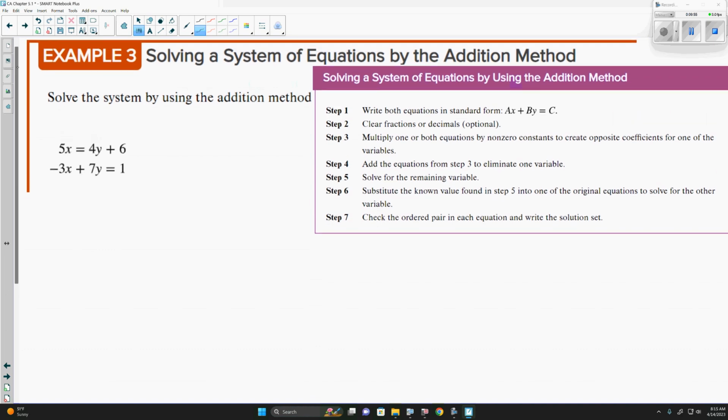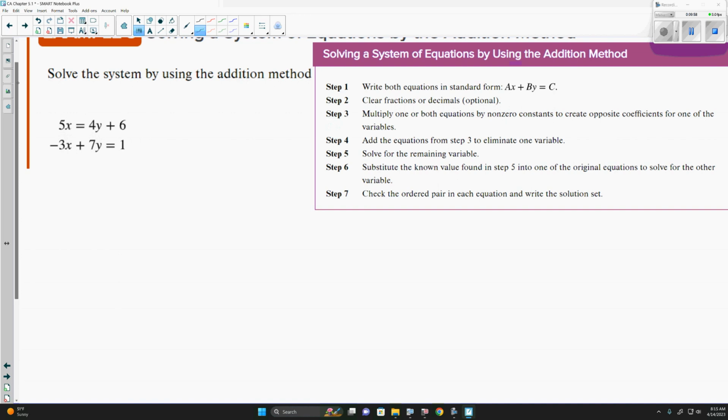They call it the addition method. We could call it elimination, either way. And with the addition method or elimination, we want both of the equations in standard form. Now for us, the negative 3x plus 7y equals 1 is already there.